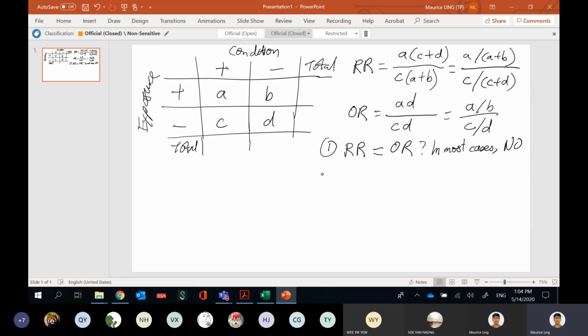So let's say, is there a relationship between your relative risk and odds ratio, or is there no relationship? Let's try Jingru.